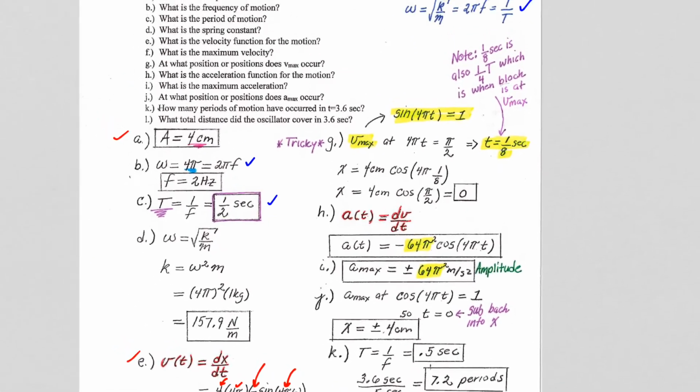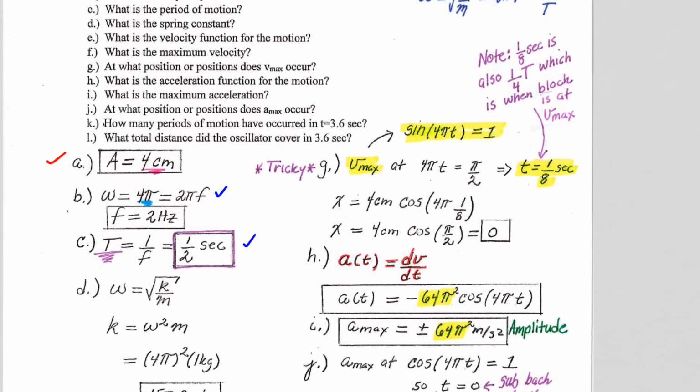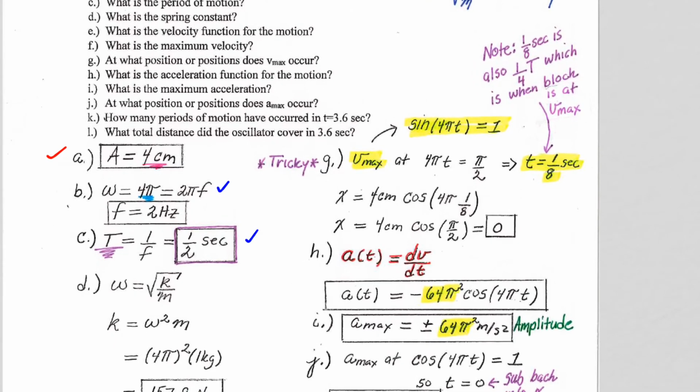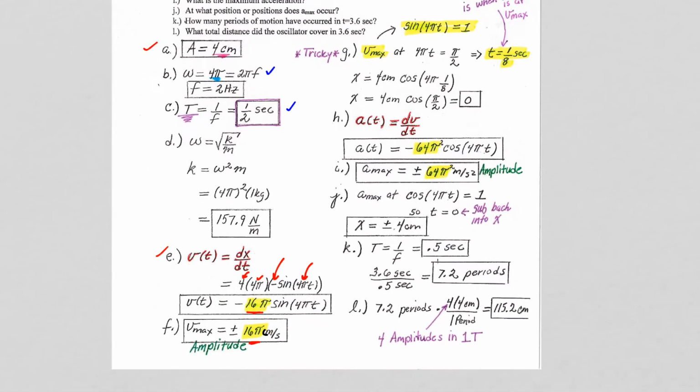And g is tricky. Why is g tricky? Well, the maximum velocity is given by our amplitude, so that we know. But if we are asked at what time this maximum velocity occurs, if we're going to show that mathematically, we recognize that the sine function has to equal 1 when the velocity is max, because that's the maximum value that sine can have.